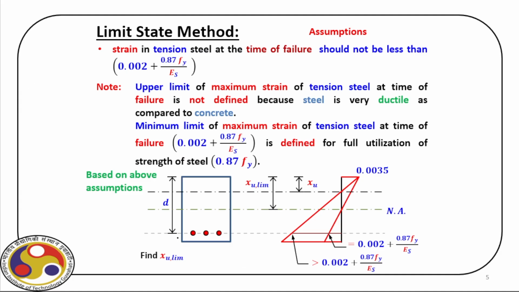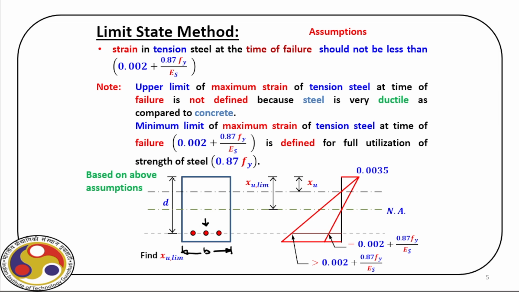Now we have a beam section, right? And the beam section having a width of say B. And then we assume that the top fiber is in compression and the bottom fiber is in tension, and that's the reason we have these steels here, as you can see.